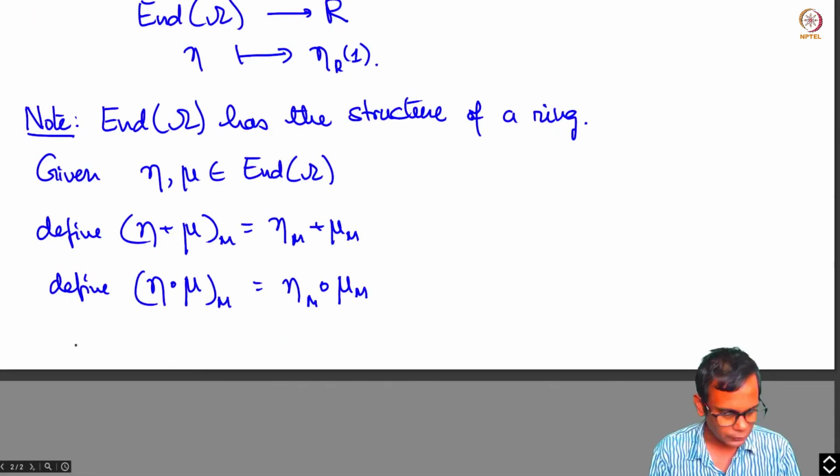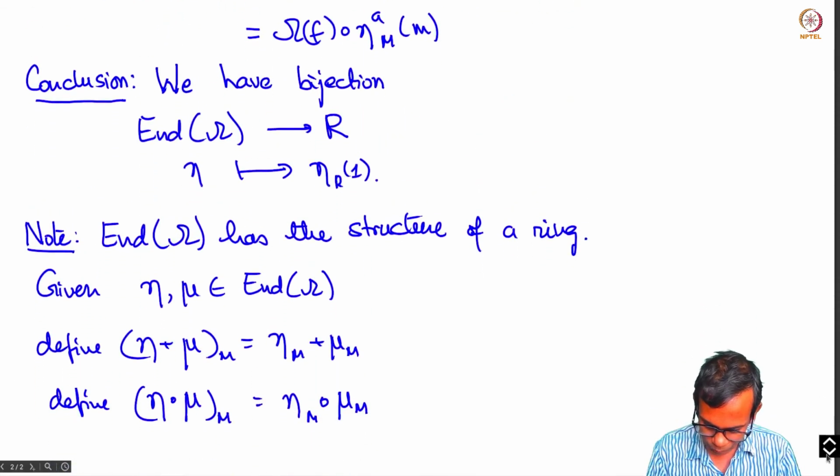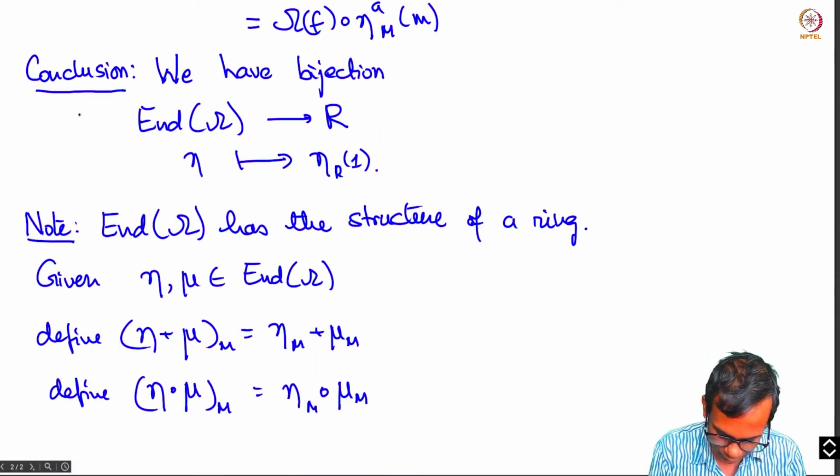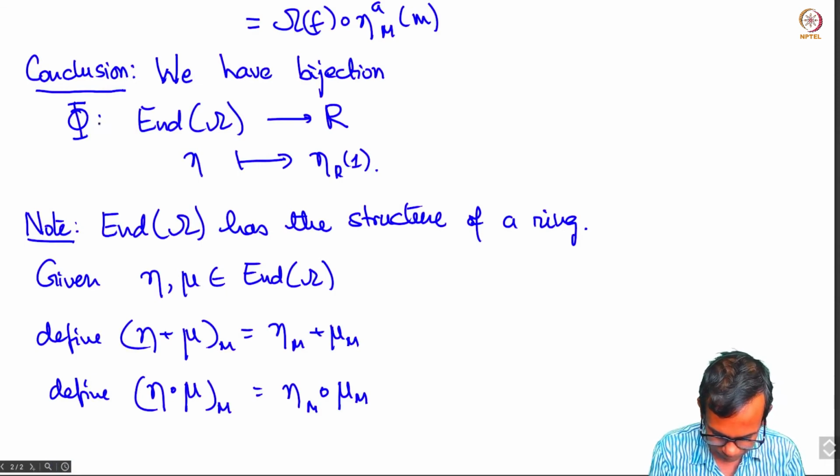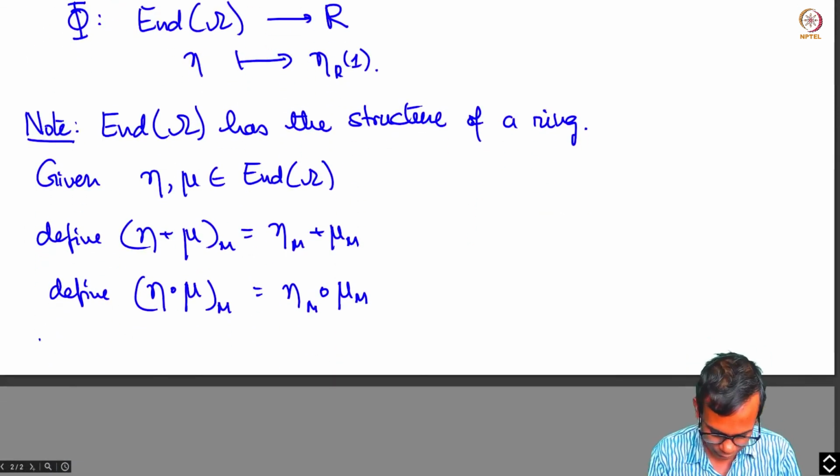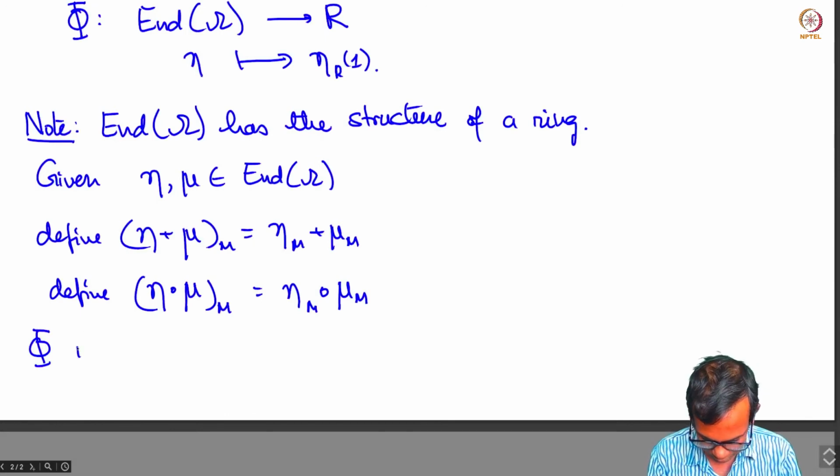R also has a structure of a ring, and this map is actually an isomorphism of rings. So let's call this phi. Phi is actually a ring isomorphism.